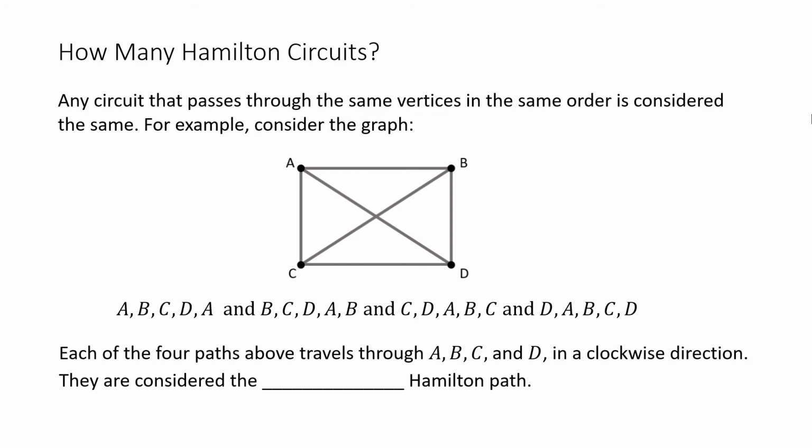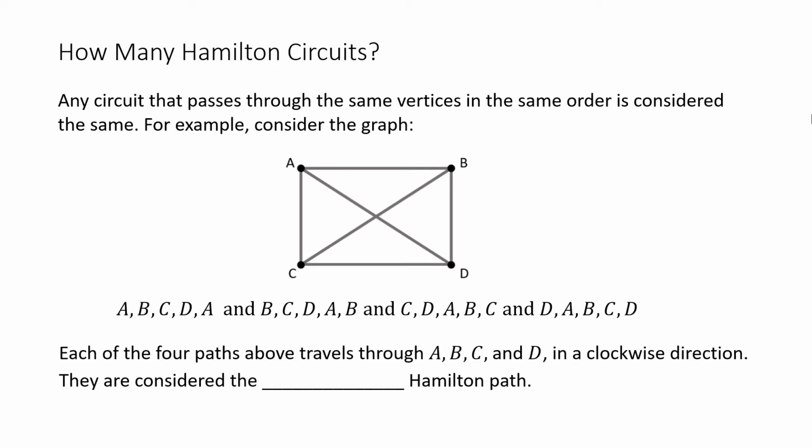How many Hamilton circuits? Any circuit that passes through the same vertices in the same order is considered the same. For example, consider the graph given with vertices A, B, C, and D and edges between all vertices.